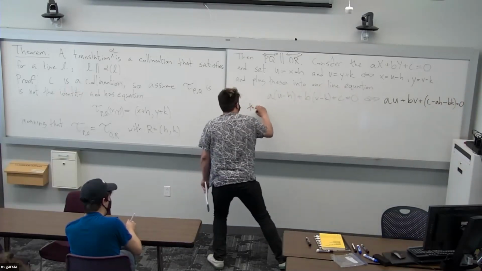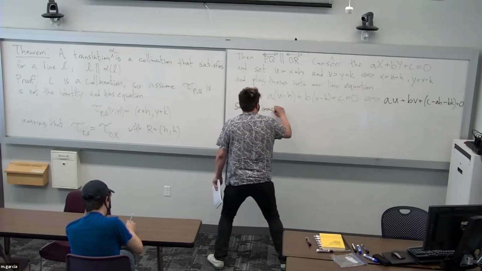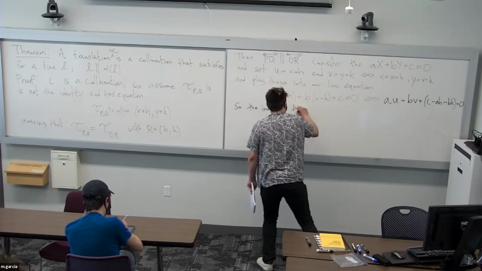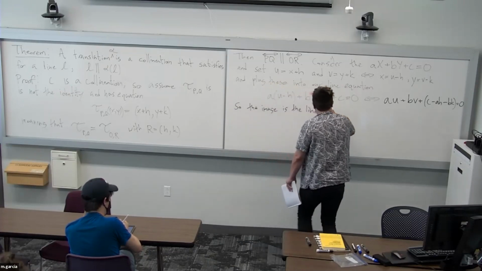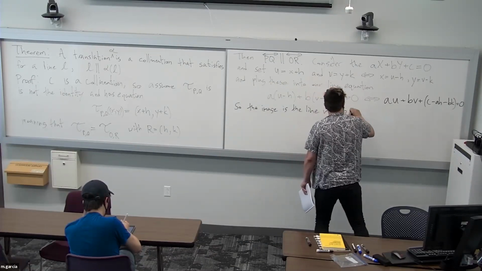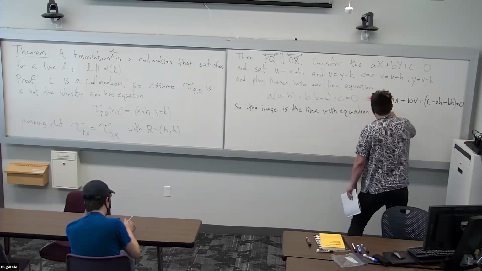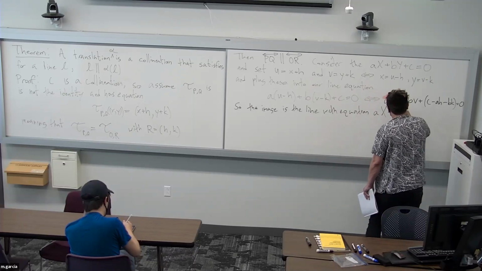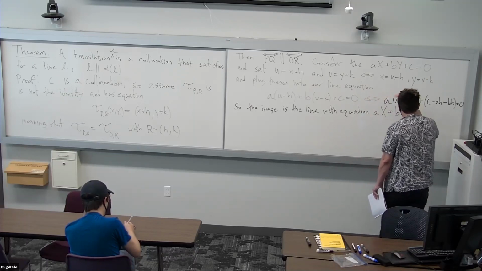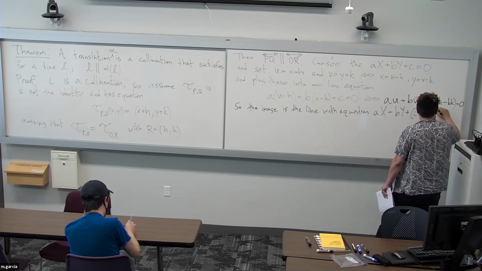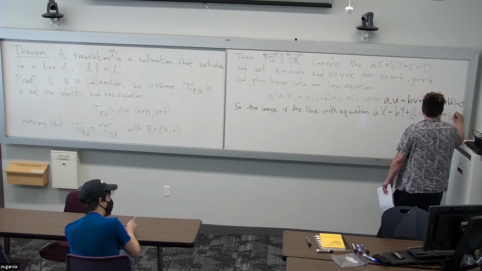So the image is the line with equation aX plus bY plus c minus ah minus bk equals 0.